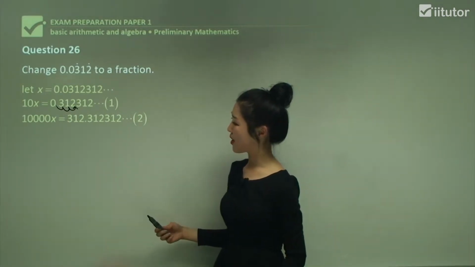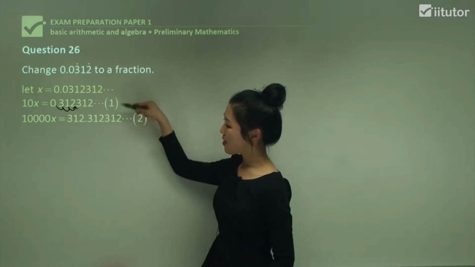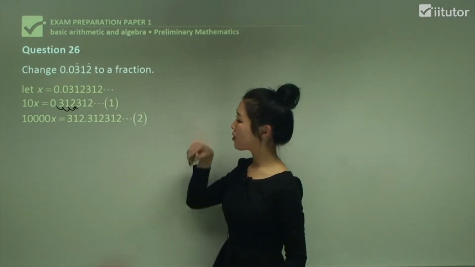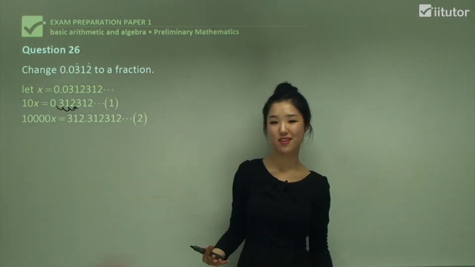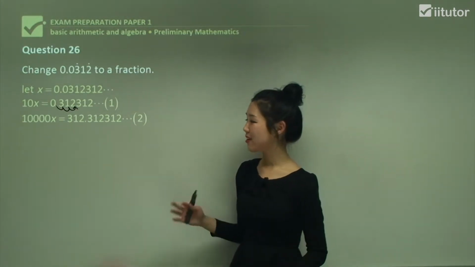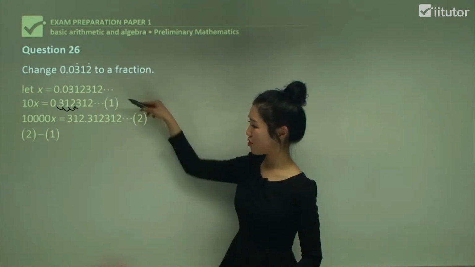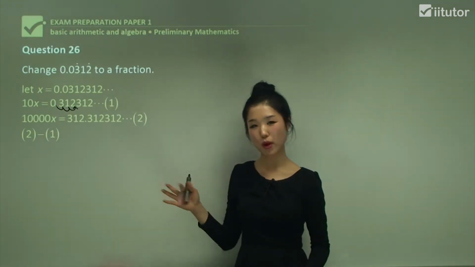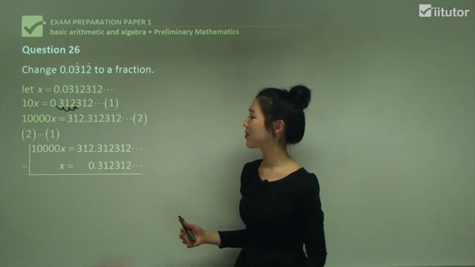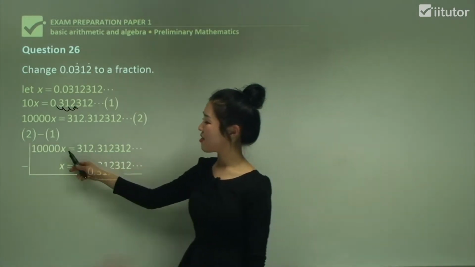Okay, so that's what I get. And compare these two equations. Both equations have 312312312 straight after the decimal point. Okay, so if I subtract the first equation from the second equation, anything after the decimal point will eliminate, right?